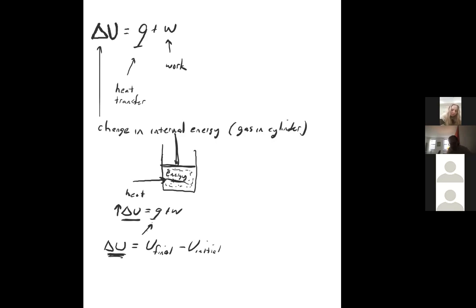And what's important about this is that it's very simple. This might go up by 10 because we put in 10 units of heat. Or it might go down by 10 because we lost 10 units of work. So it's only these two simple terms that tell us how much the energy changes by. So that delta U ends up being pretty important. It's sometimes referred to as internal energy.